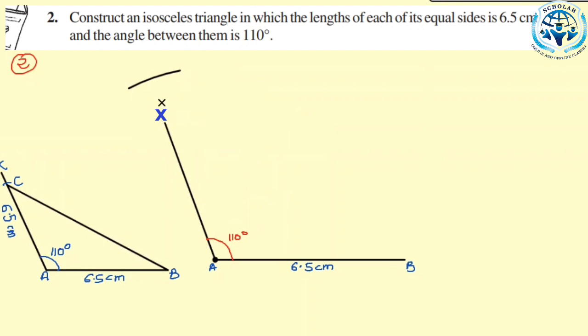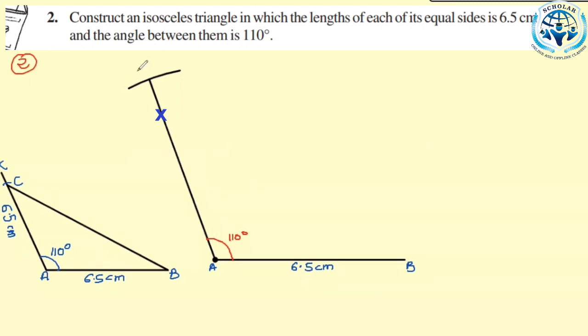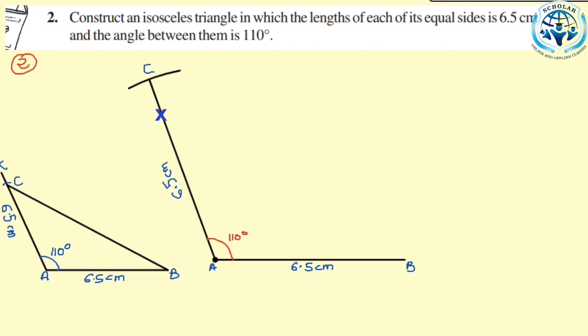The point of intersection is the point C. Join BC.